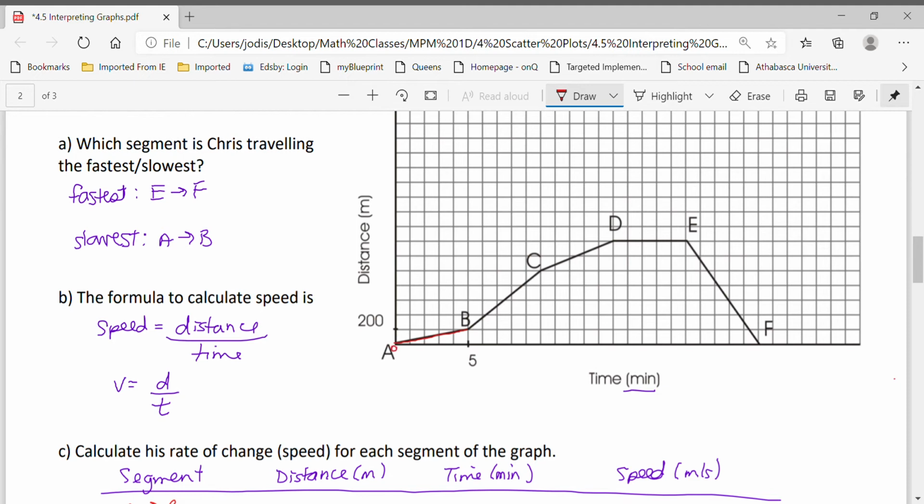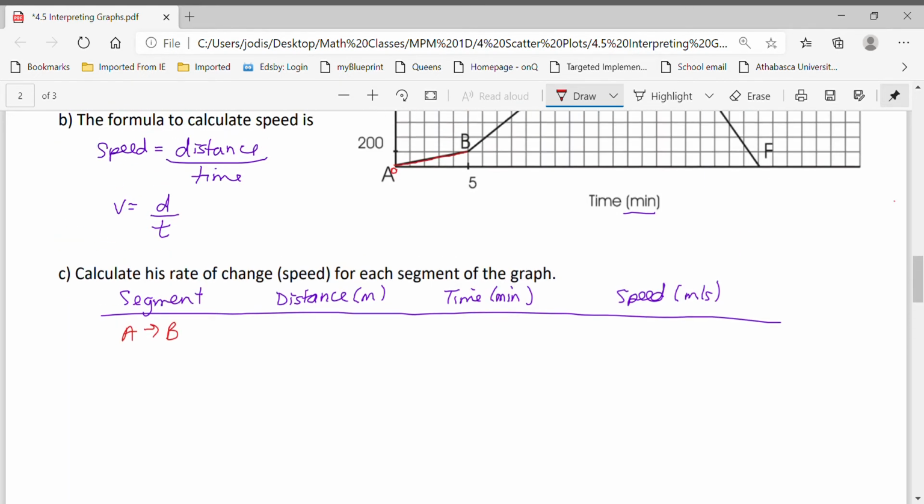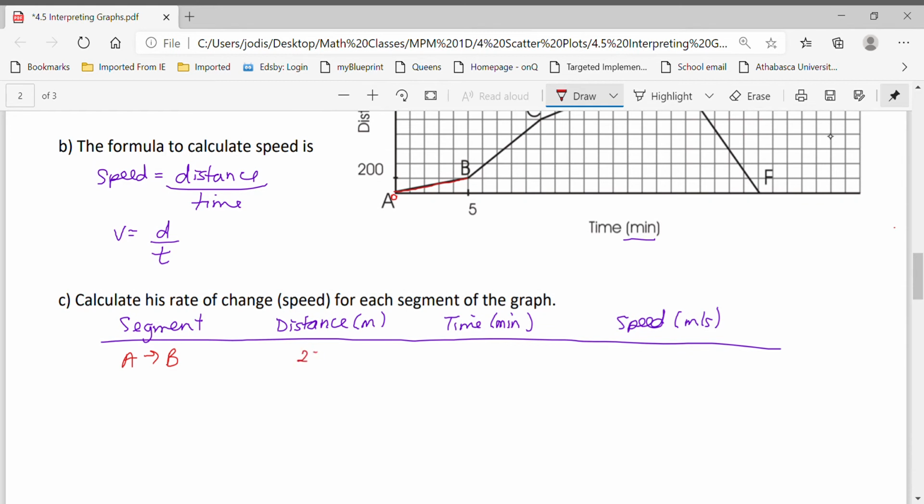They didn't put it, but we're going to assume that it is, and that this first line is 200. So he traveled 200 meters, and this first one was 5 minutes.